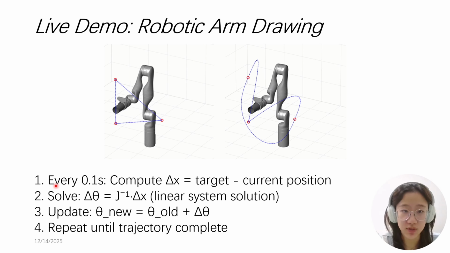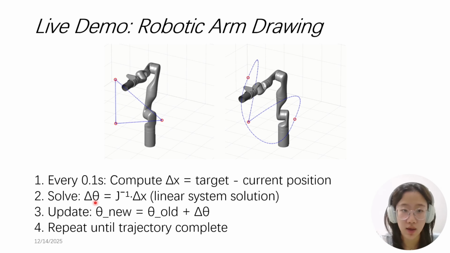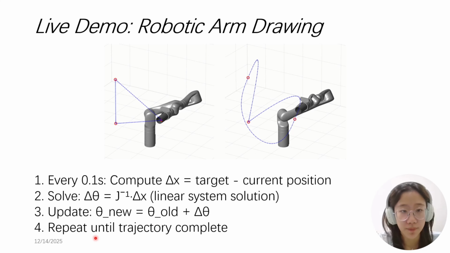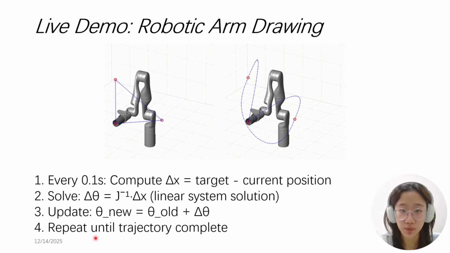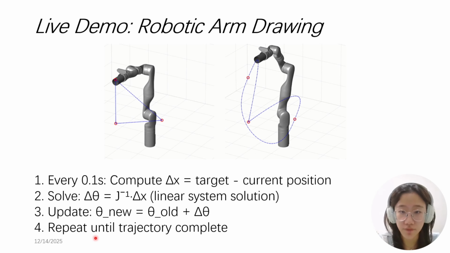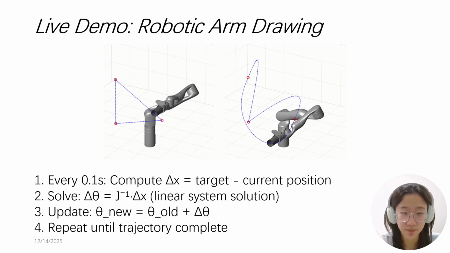This inverse Jacobian tells the robot exactly how much to turn. And next, it updates the angles. It repeats this loop every 0.1 seconds. So, smooth motion is actually just solving linear equations thousands of times per second.